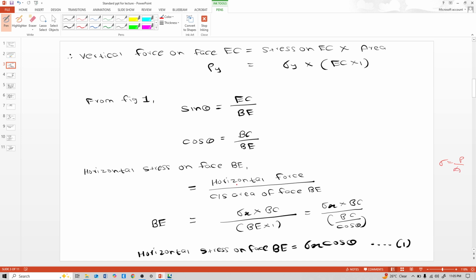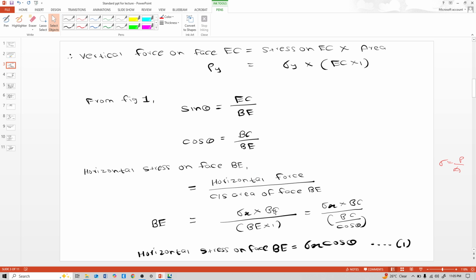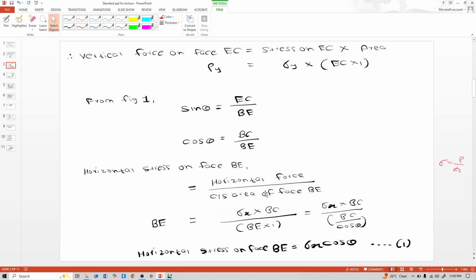Here the load is the horizontal force, sigma x into BC, and the cross sectional area of face BE is BE into unit thickness 1. So sigma x BC upon BE.